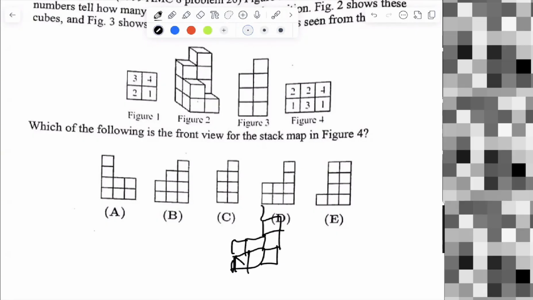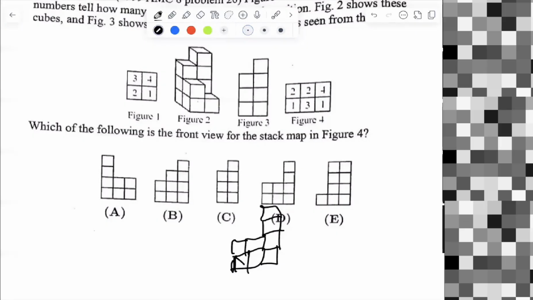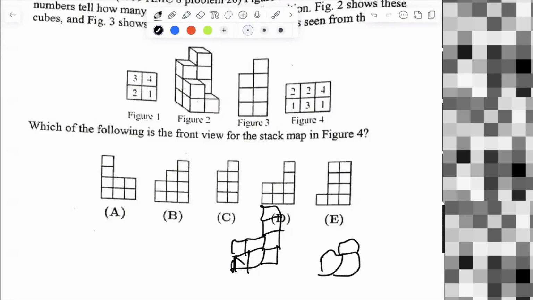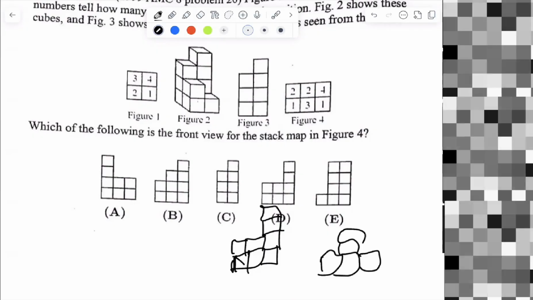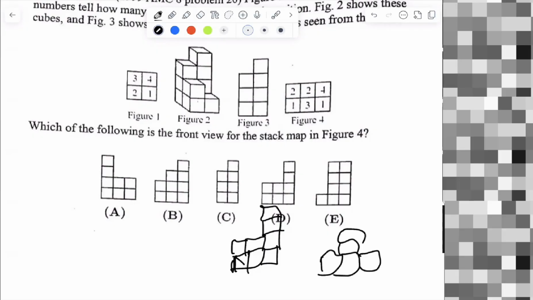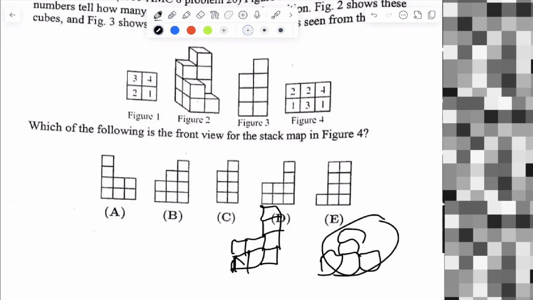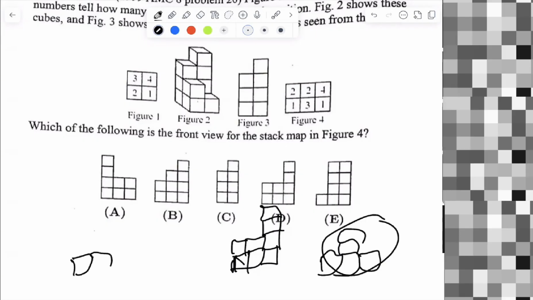And then we add this one over here, and the one over here. From there, if we overlap everything, we get 3 on the bottom.